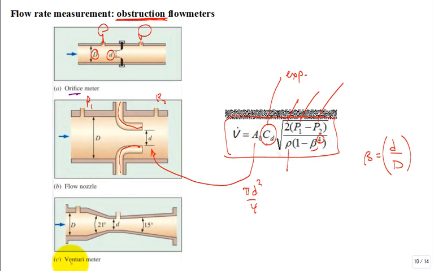What would be this type of flow meter? It's an obstruction because it has a reduction in diameter, but then it's trying to have a gradual reduction and then a very gradual expansion. What's it called? Venturi. When we studied Venturis, we just did Bernoulli's equation, right? Doesn't the pressure here go down versus the pressure here?